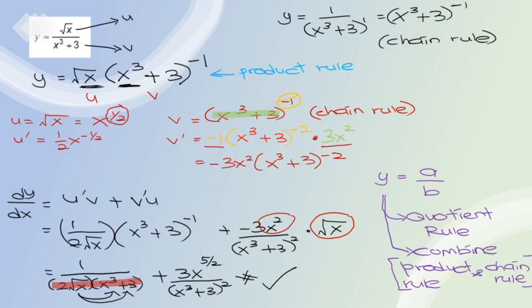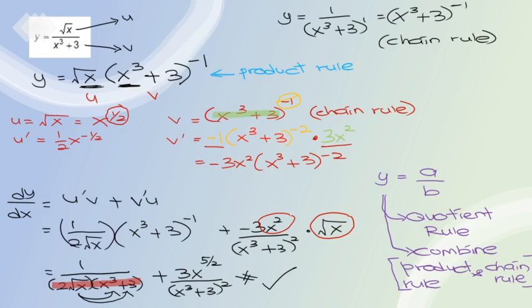Okay, for this one, as you can see, x berada di sini dan di sini. Ada di dua tempat, so tak bolehlah guna chain rule. Sebabnya untuk chain rule x nya berada satu sahaja.